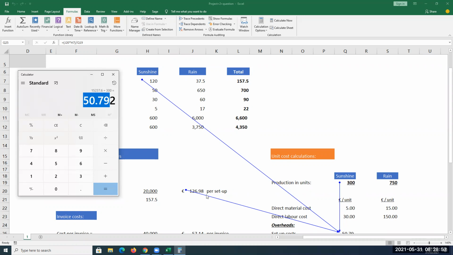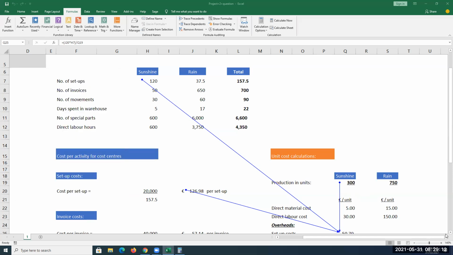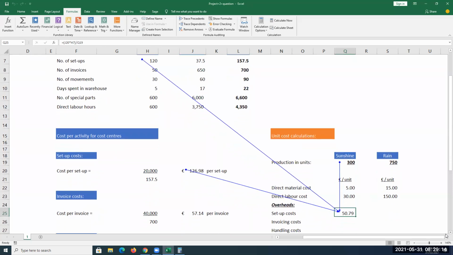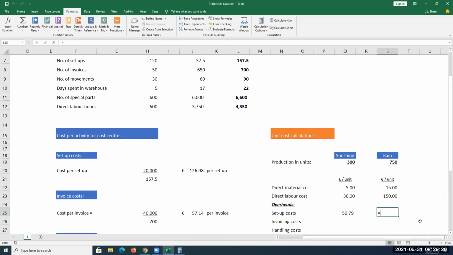So first of all, I calculated the total setup cost divided by 300. So 126.98 multiplied by 120. It will give you the total setup cost divided by number of units. I got setup cost for 1 unit. Okay. Any question? Is it clear? No. Okay. Now, for the second product, the same working.